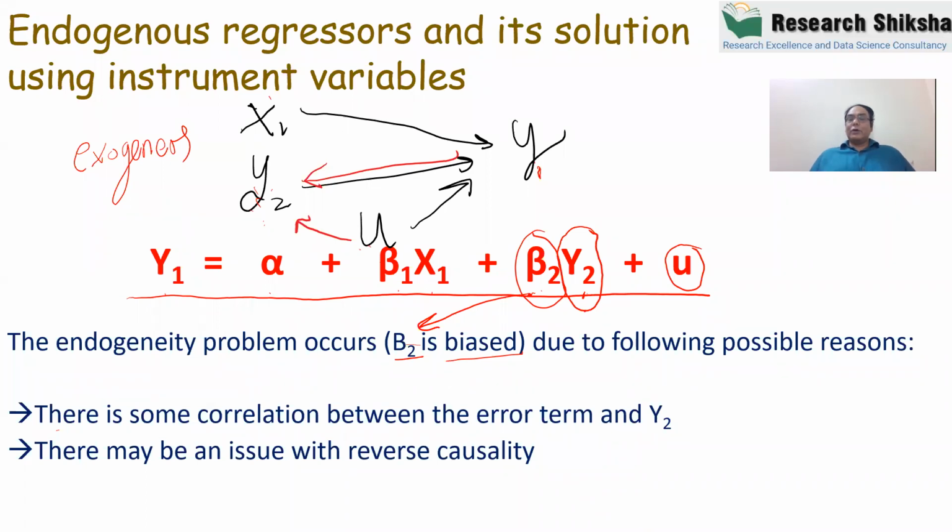Okay, so now let me repeat something. What is endogeneity? Endogeneity means when the dependent variable is found to be correlated with the error term, and you have three problems in the model.